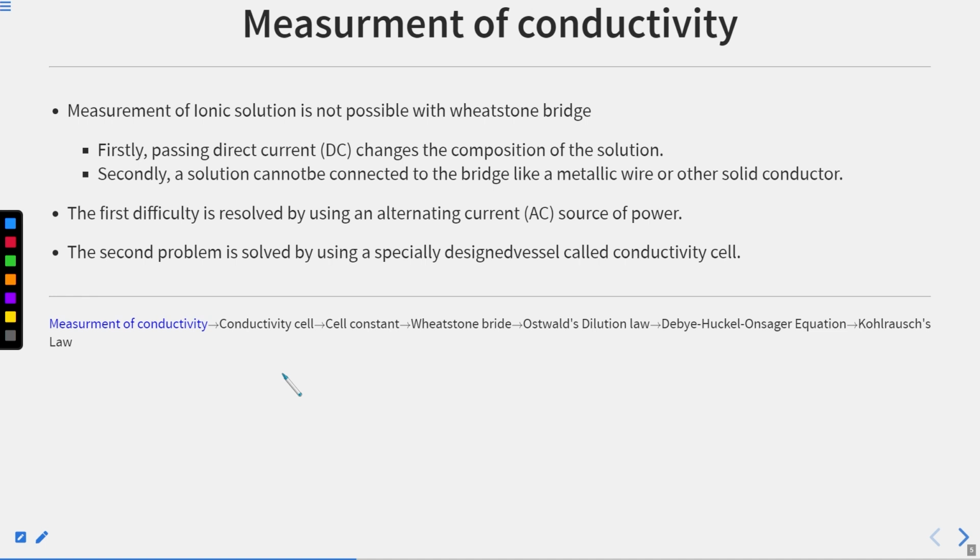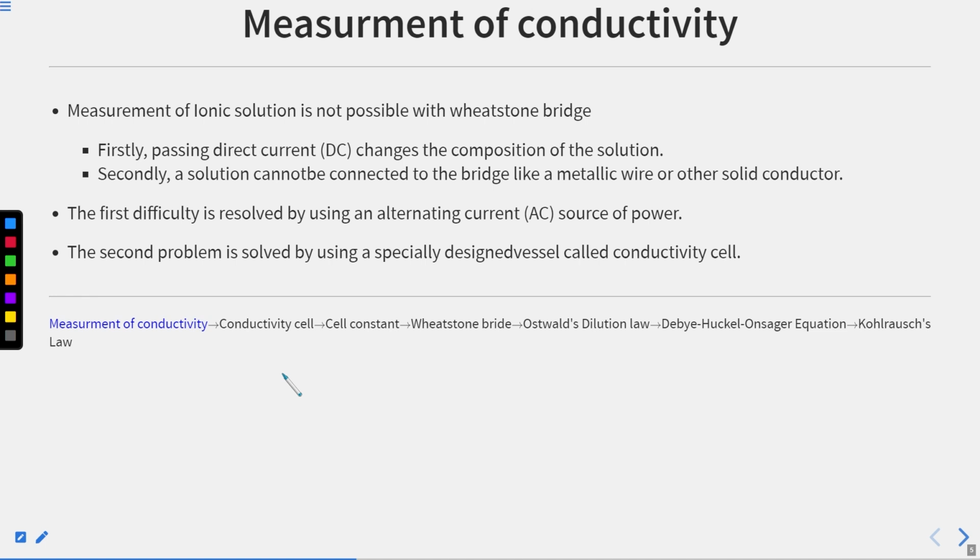Simultaneously, we can calculate our conductivity and conductance. But the difference between our electrolyte solution and our metallic wire is that we cannot pass a DC current across this electrolyte solution. It will result in a quick rise in voltage, and then it will fall abruptly. So there will be no continuous flow of current.